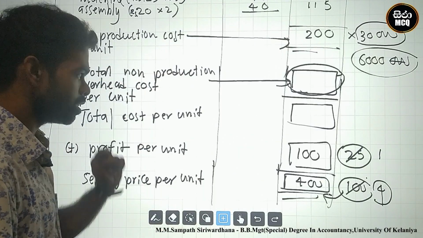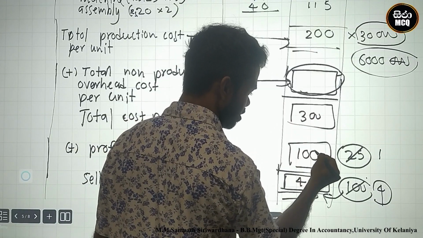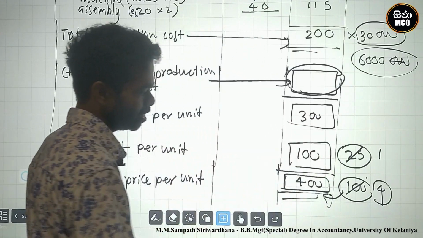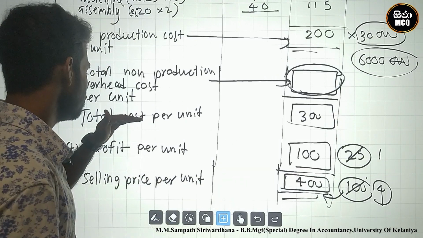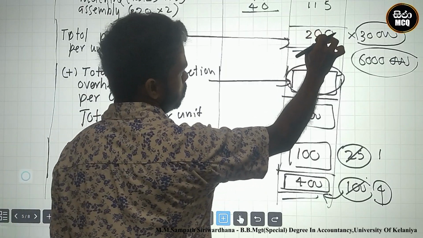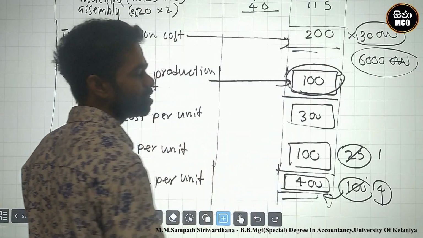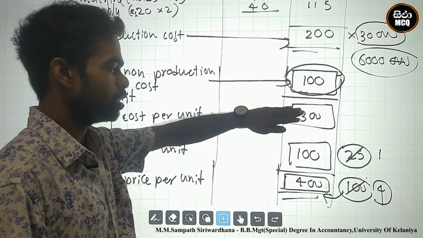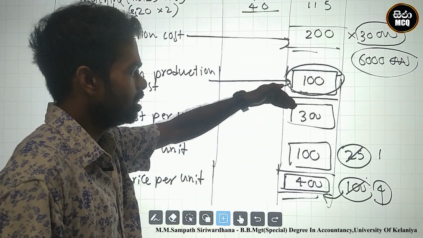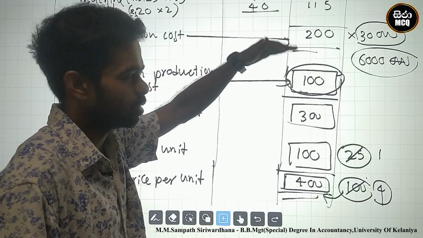What is the total cost? 300. You know 300 plus profit gives 400. Okay, this is the total cost. Total cost, how can we calculate? Total production cost and non-production cost. What is the non-production cost? Total cost must be 300. 300 is calculated from non-production cost and production cost.